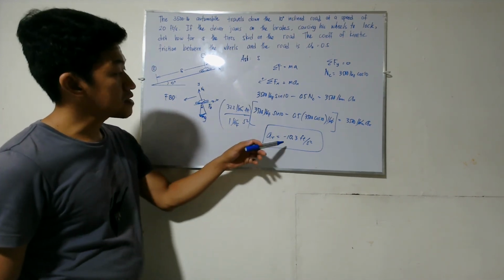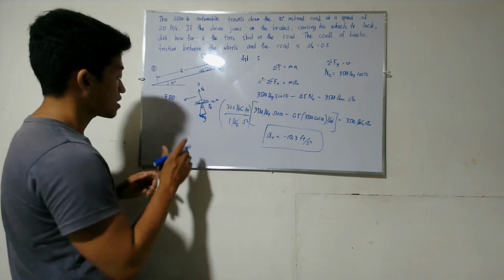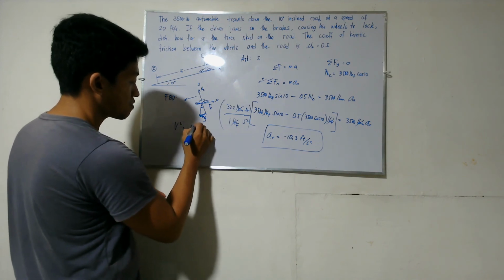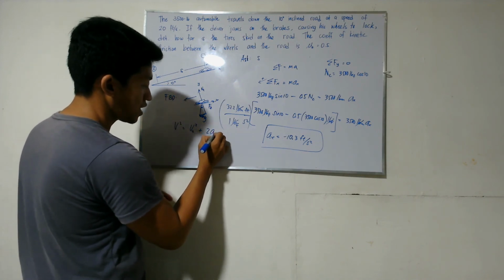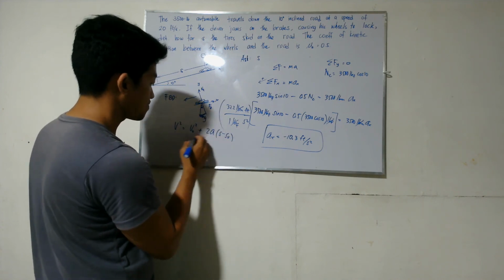And then since S is what we are looking for, we will apply the kinematic equation. V squared is equal to V0 squared plus 2A times S minus S0. Okay?